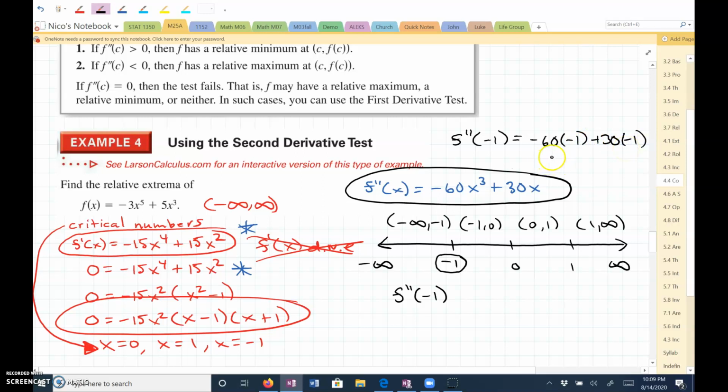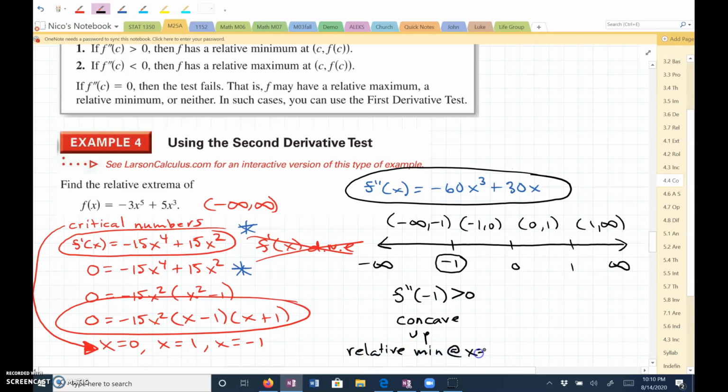So this is going to be 60 minus 30. That's going to be positive, so that's greater than 0. So this would be concave up, so we have a relative min at x equals -1.